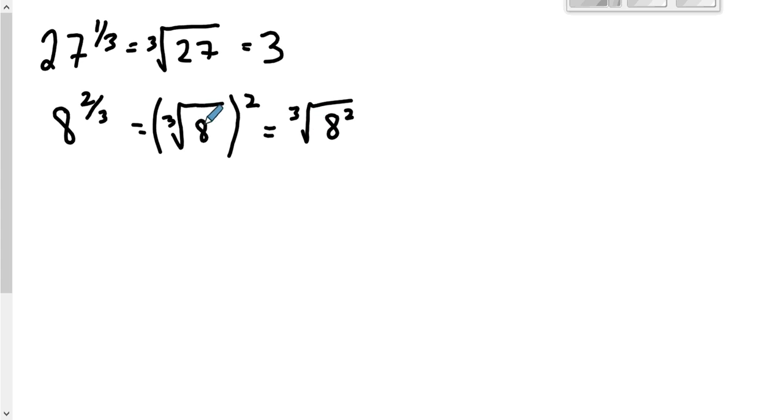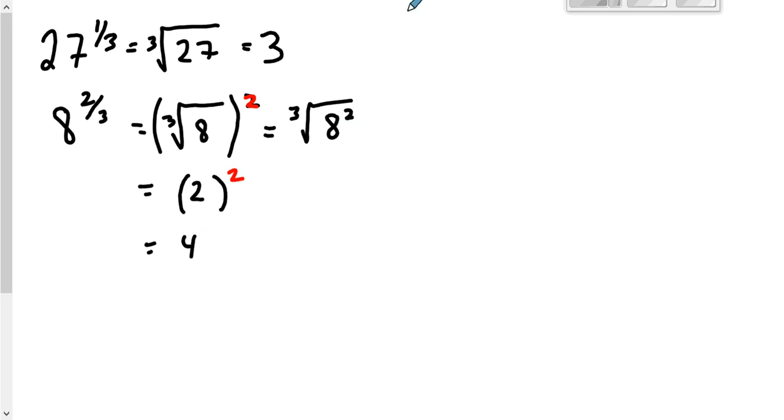So what number do you multiply by itself 3 times to give you 8? Well, that would be 2 times 2 times 2. And then it gets squared at the end. That gives me 4.